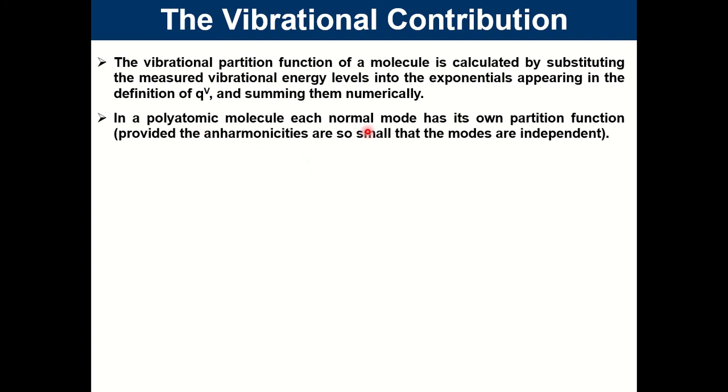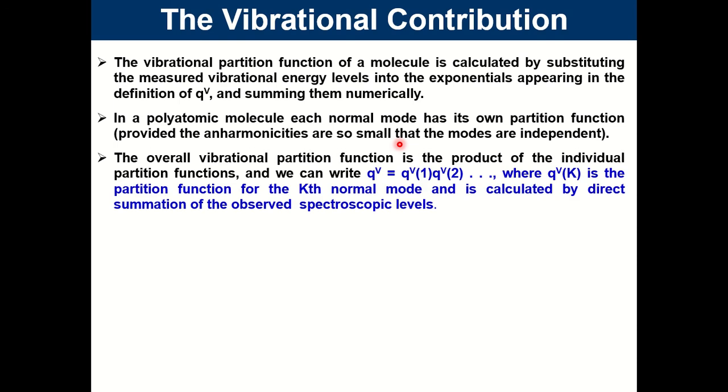For a polyatomic molecule, each normal mode has its own partition function. We assume it to be a harmonic oscillator and then work it out. So that's what we are assuming here, that anharmonicity is very low, and each of these modes is independent of each other. For different modes of vibration, like stretching vibration and bending vibration, we assign 1, 2, 3, 4 like this, and we evaluate the partition function in this manner.